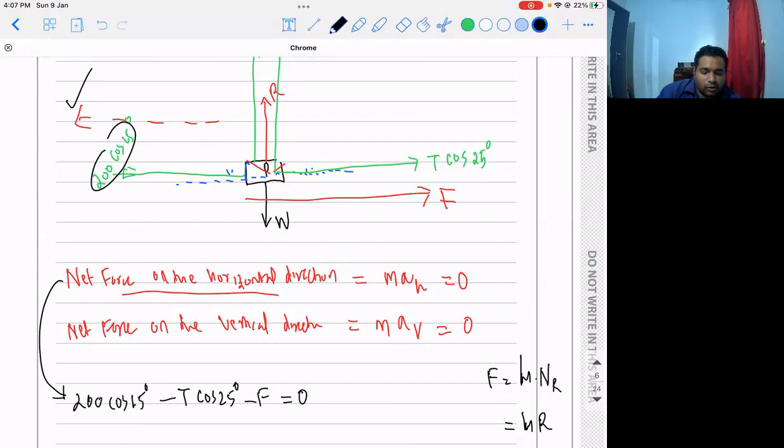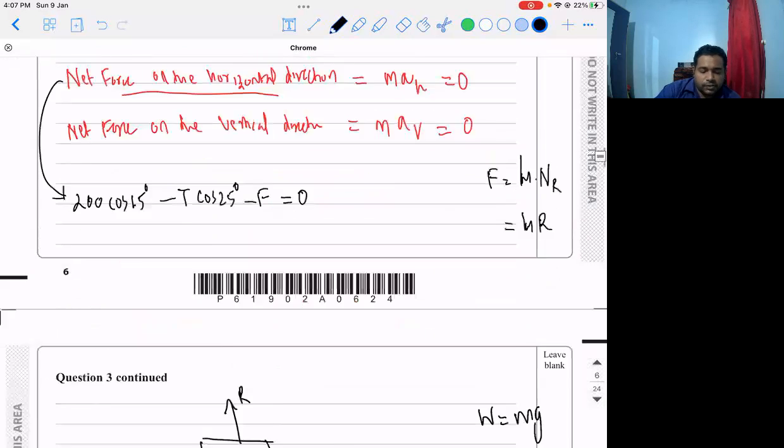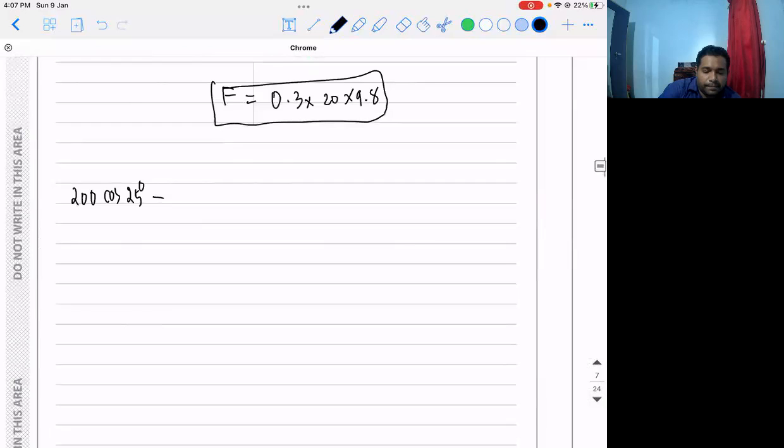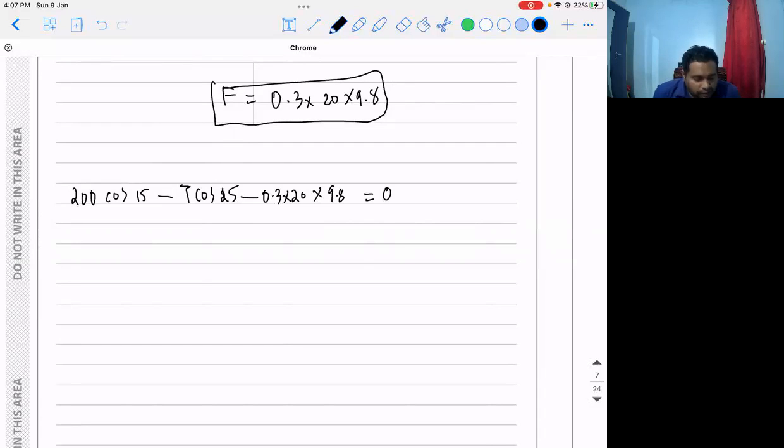It is actually cos 15 degree. So it is 200 cos 15 minus T cos 25 minus 0.3 times 20 times 9.8, and that is equal to 0.